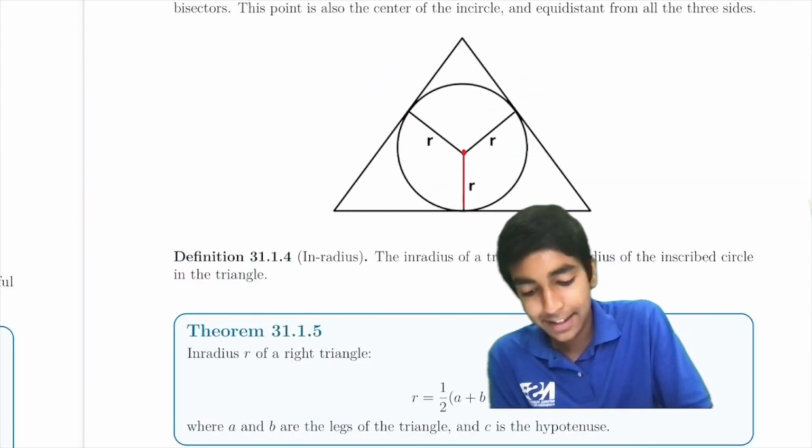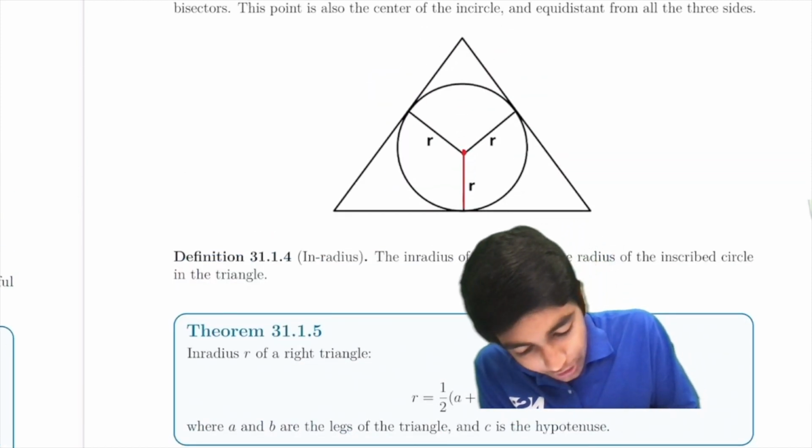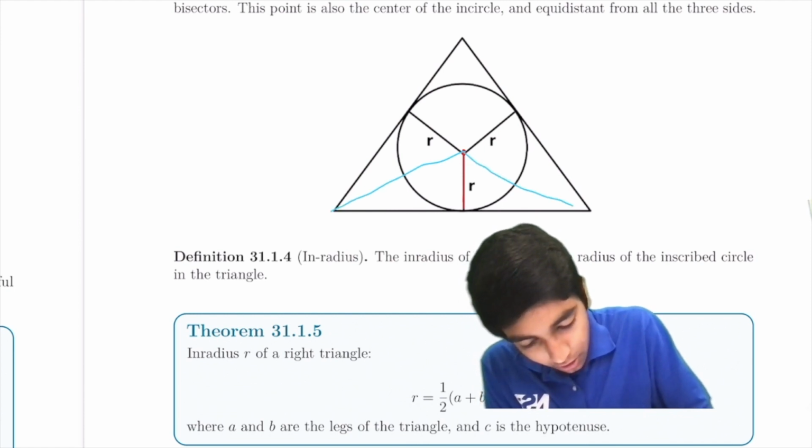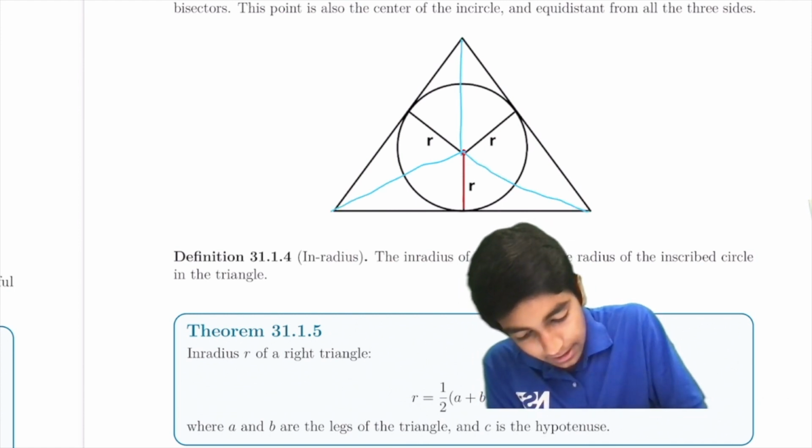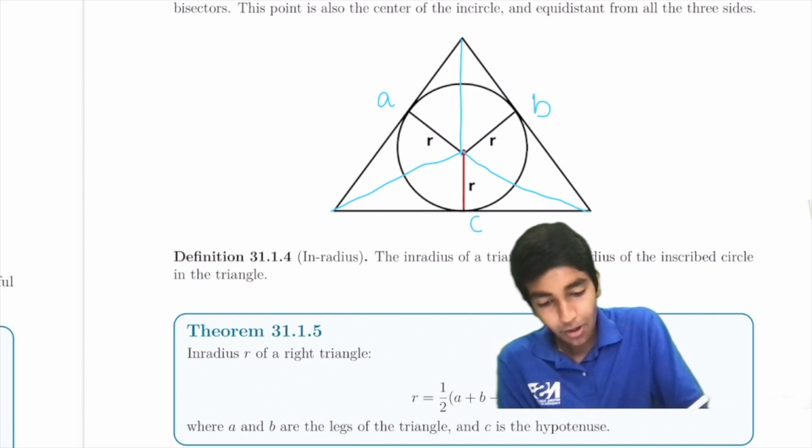And why is this true? Well, the cool thing here is if you break up this triangle into 3 pieces with side lengths a, b, and c, well, guess what?